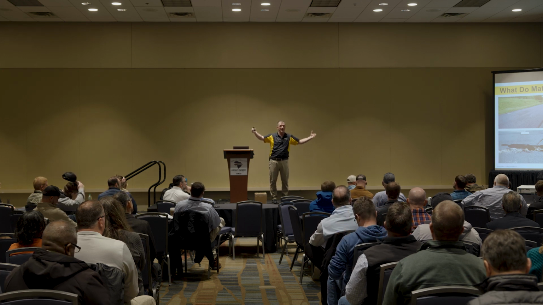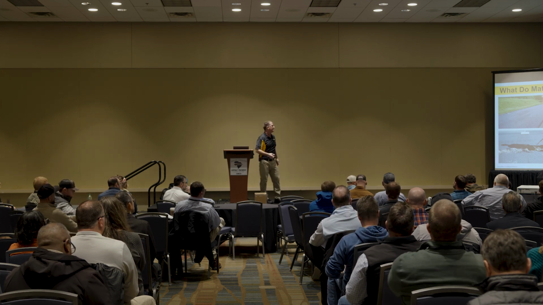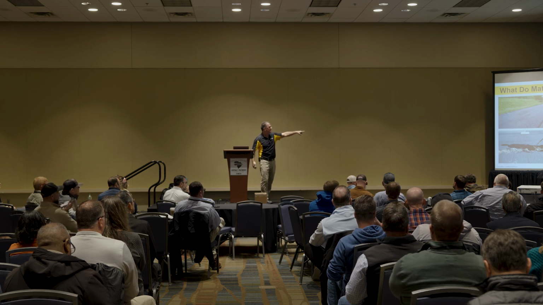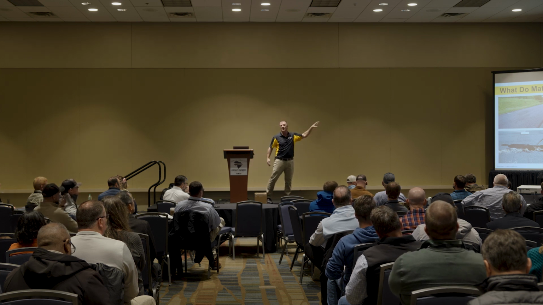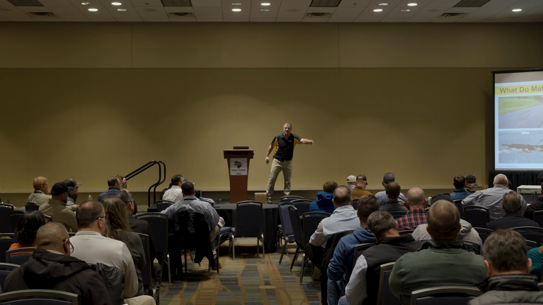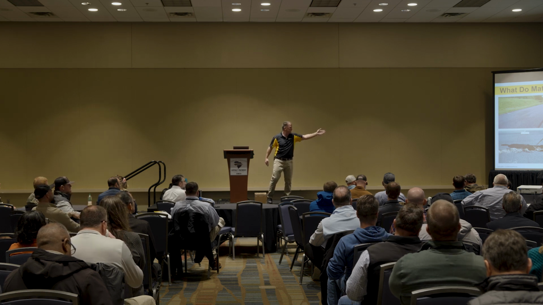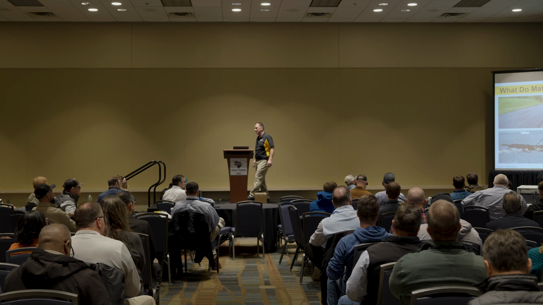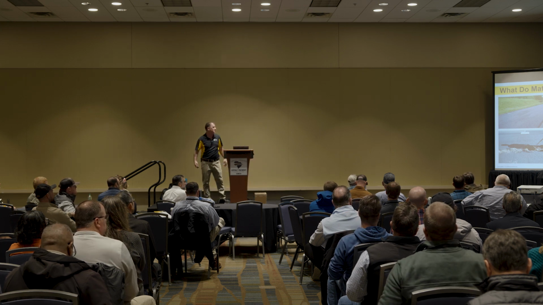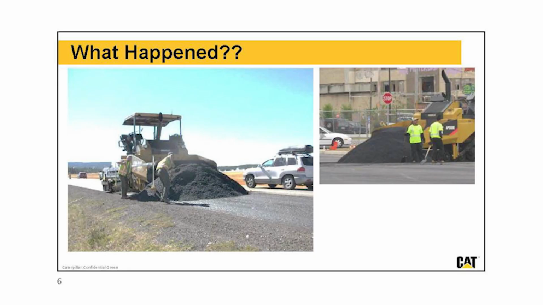I shouldn't even really have texture differences in that mat. But mat defects come in all shapes and sizes. We get random patch segregation. We get longitudinal stripes or auger shadows. You see in the bottom right there, that one looks nasty, right? Dragon mix, cold screed, or burned out heating element.